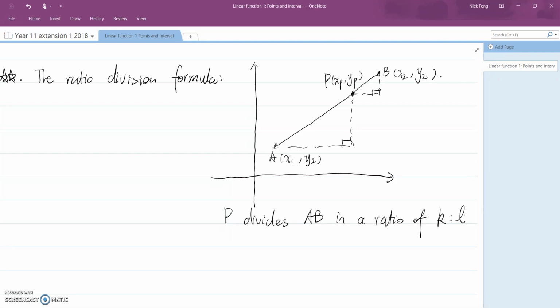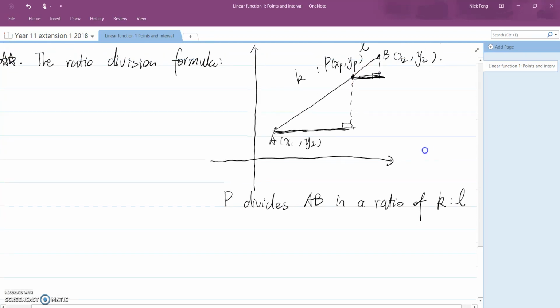So therefore, in this case, the ratio of AP to BP is K to L. Because they are similar triangles, the horizontal distance in here has the same ratio to the horizontal distance here. In other words, this distance over this distance still has the same ratio K to L.